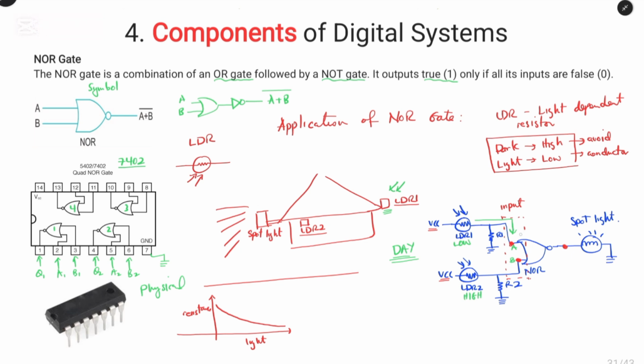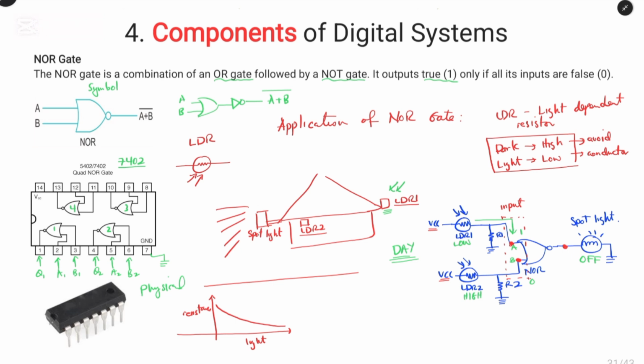Now we have input A and B as 1 and 0. When we have 1 and 0, the output of the OR gate will be 1. When we invert the signal, it will be low. Therefore, the spotlight will be off.